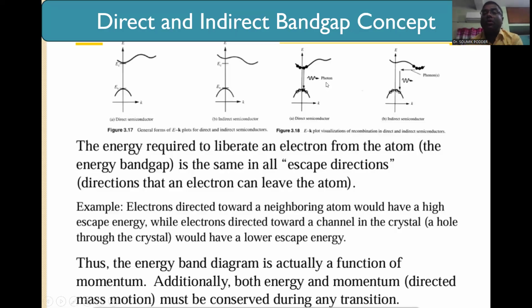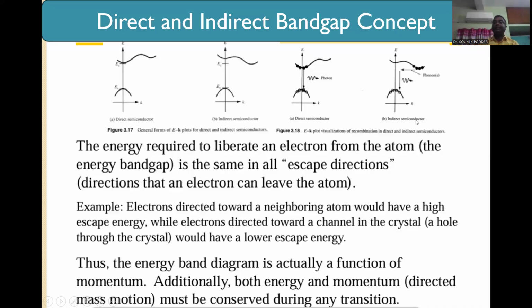That energy is called the photon energy. That means this type of semiconductor will create some sort of visible light, or it can even be UV light. The light emitted is determined by the band gap of that semiconductor.